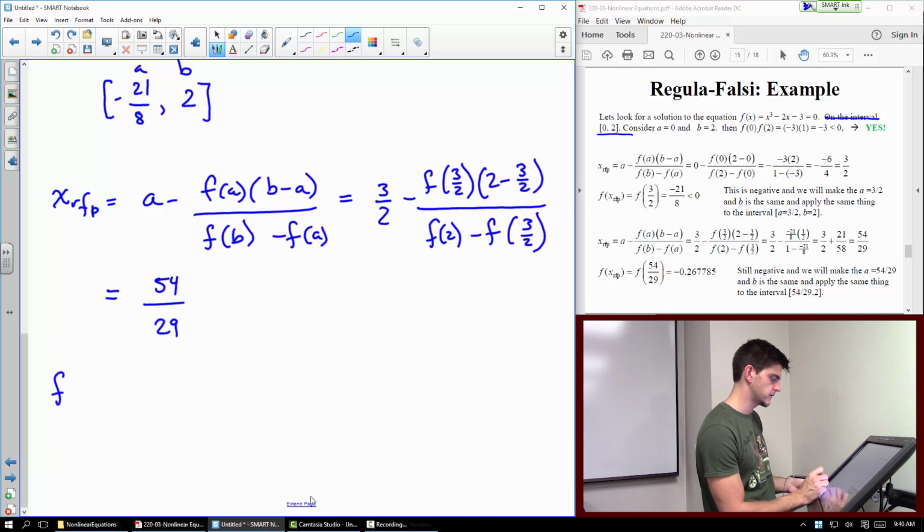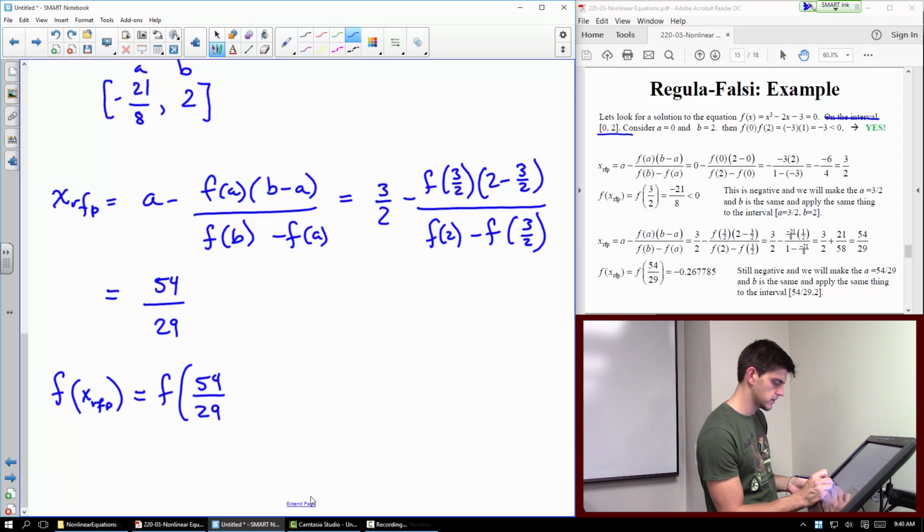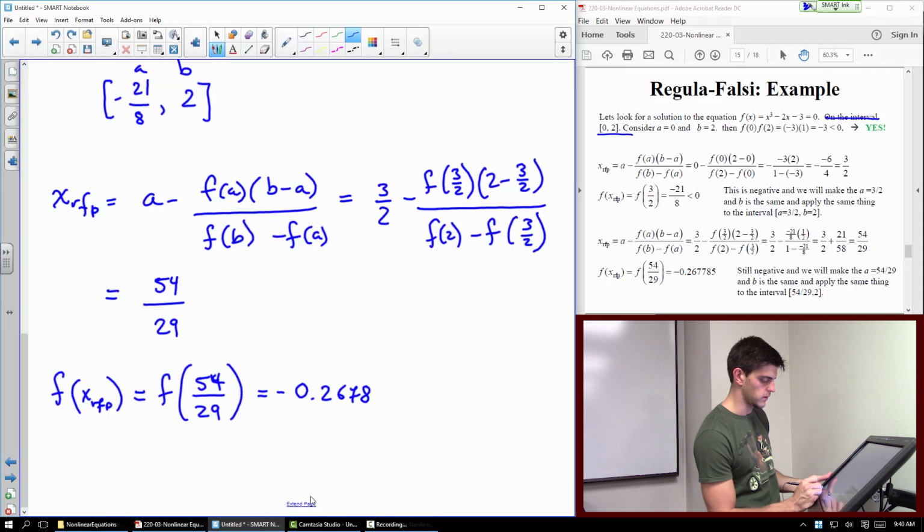If we evaluate our function there, x r of p, then this is f of 54 over 29, and that equals -0.2678. So again, we update a.